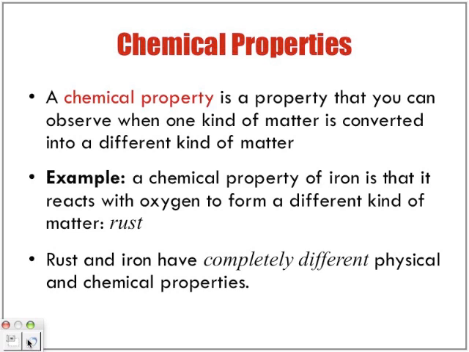A physical change can be switched back: if I was to melt the ice cube into a liquid, I could freeze it back, but I can't get rust back into regular iron.